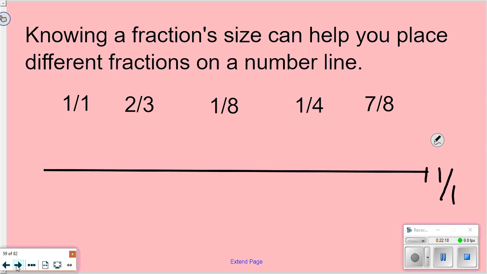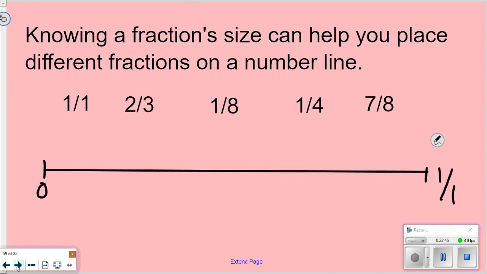So, what else could I put on this number line? Find the easies first. What else would go on that number line? Kaden? 1/8. Where's that gonna go? Really close to 0. Alright, so let's put 0 first. Caden's like, we're gonna do 0 to 1.